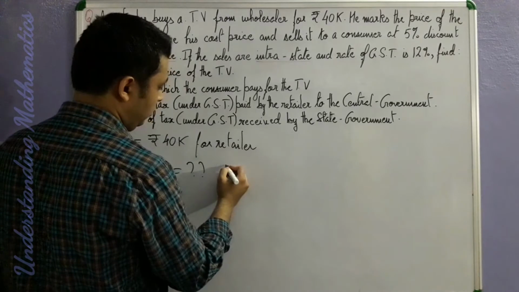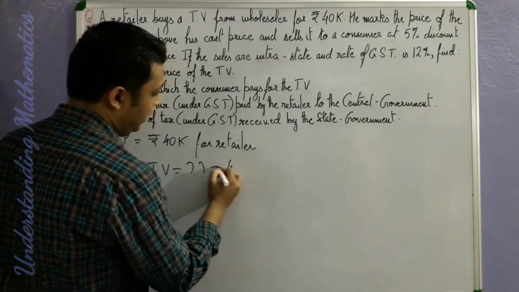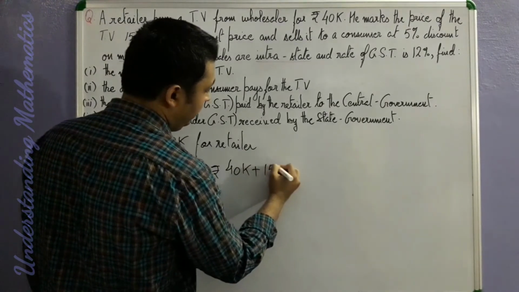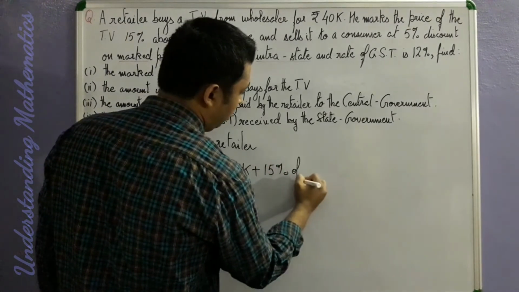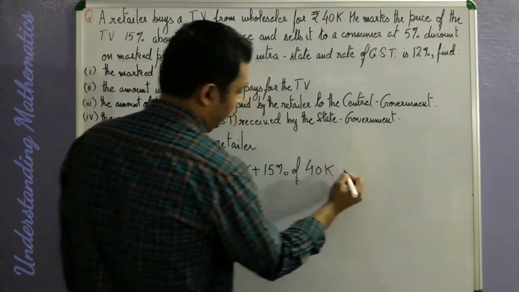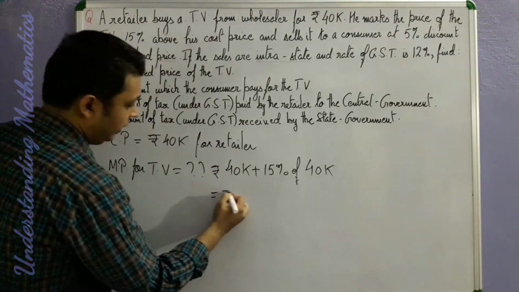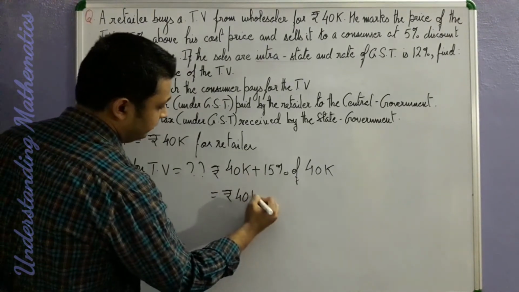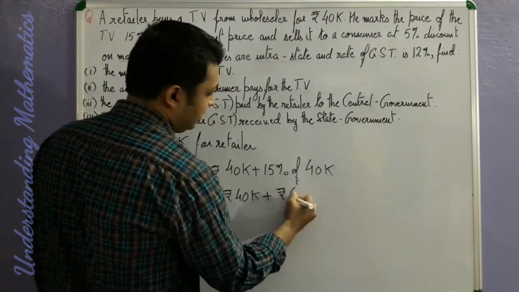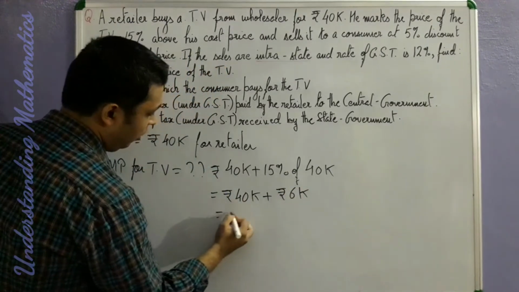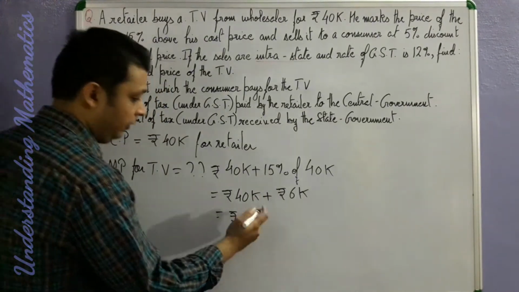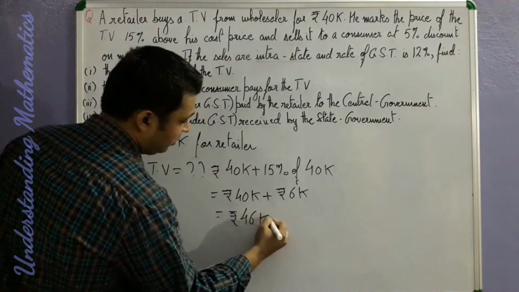So what do we do? It will be nothing but rupees 40,000 plus 15% of what? Of 40,000. Clear? If you do the simple calculation, you will get rupees 6,000. If you add these, we will get 46,000.